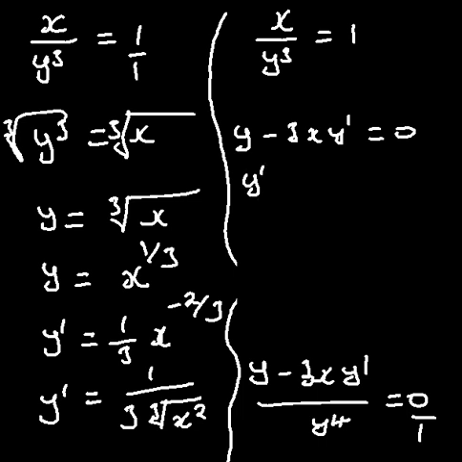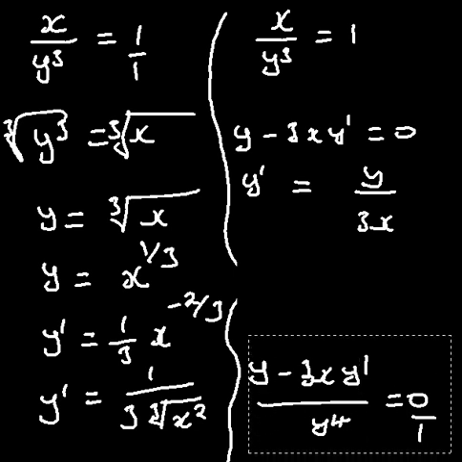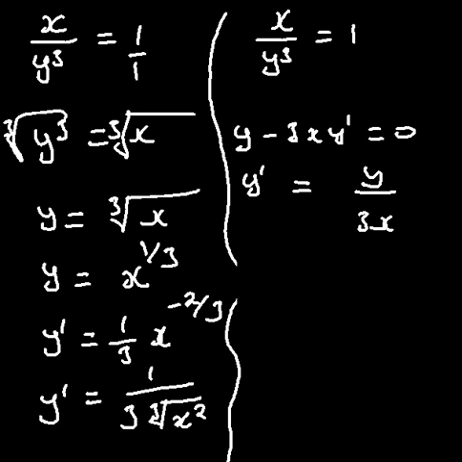In this case the y prime will be given as y over 3x, so that is the y prime upon differentiating using implicit differentiation. This is the y prime. While upon making y the subject, we obtained this as the y prime.